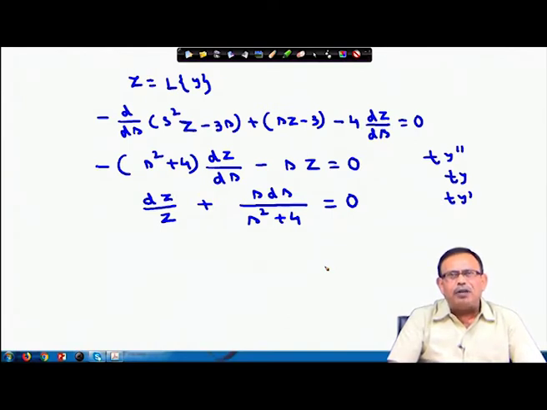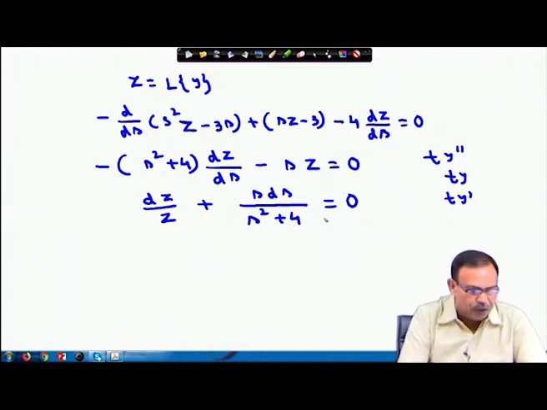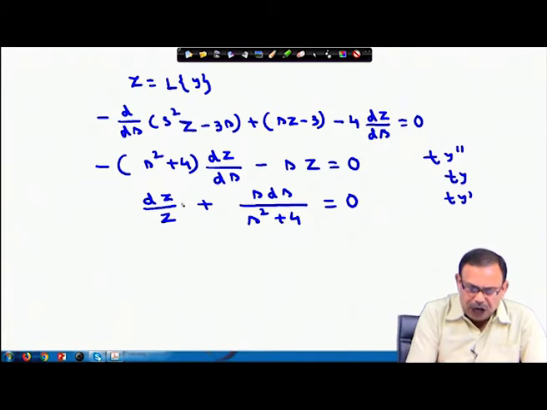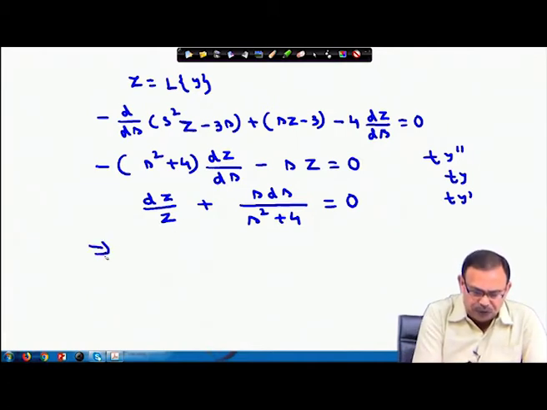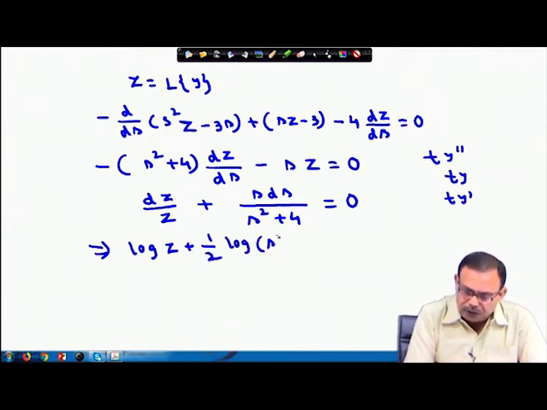But instead it is converting into a much simpler ordinary differential equation in terms of another variable: dz by z plus s ds by s square plus 4 equals 0. The solution of this you can write as log z plus half into log of s square plus 4 equals log c.